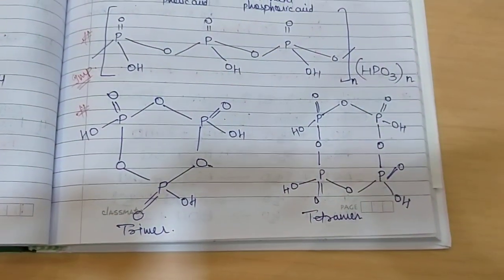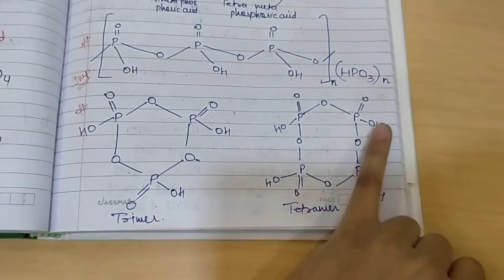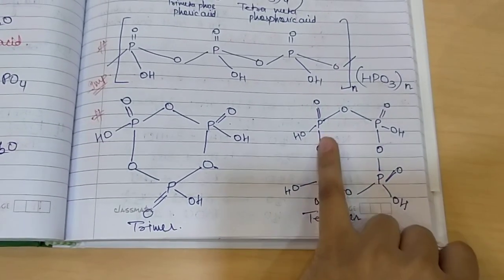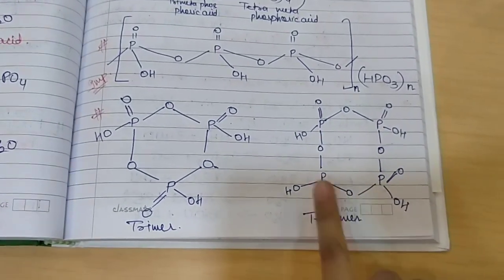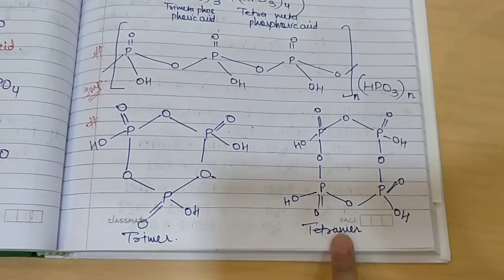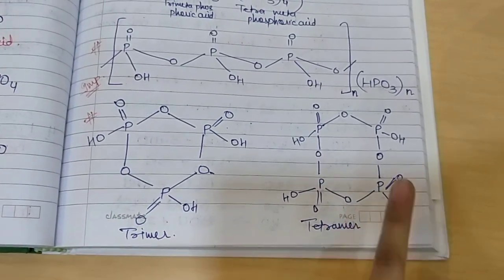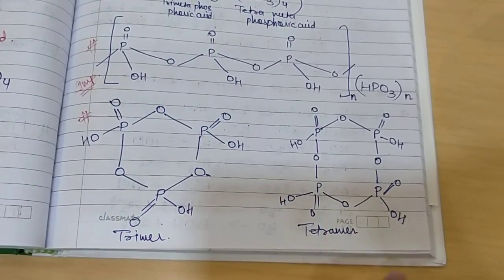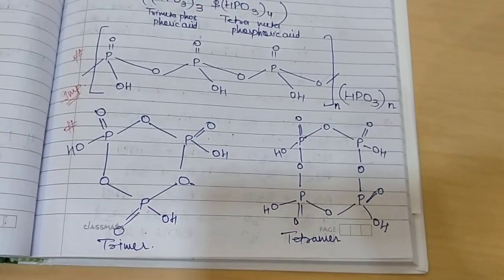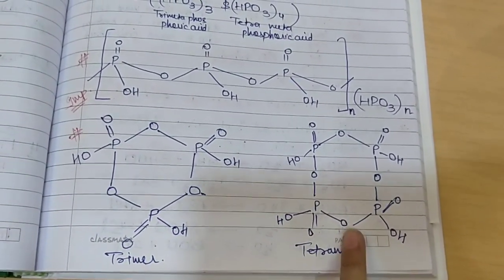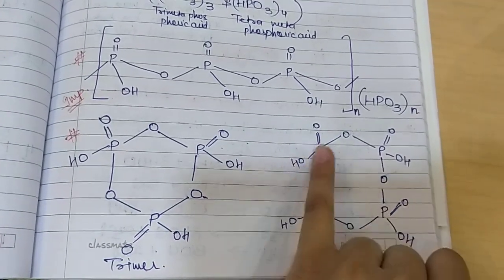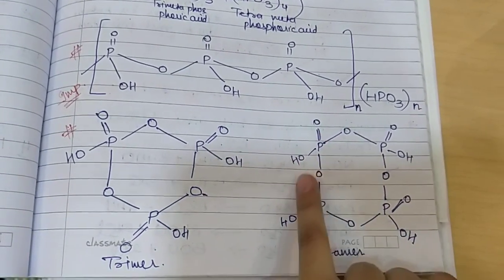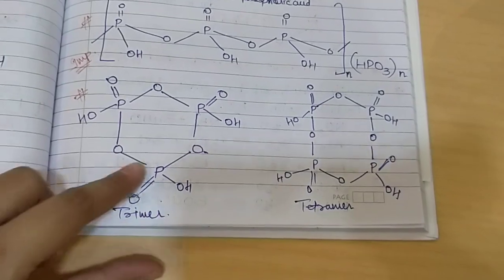In case of the tetramer, 4 phosphorus are present in which oxygen bridges are bonded. This also forms a ring with 4 phosphorus and 4 oxygen connected to each other in a cyclic fashion, and each phosphorus is bonded to P double bond O and an OH group.